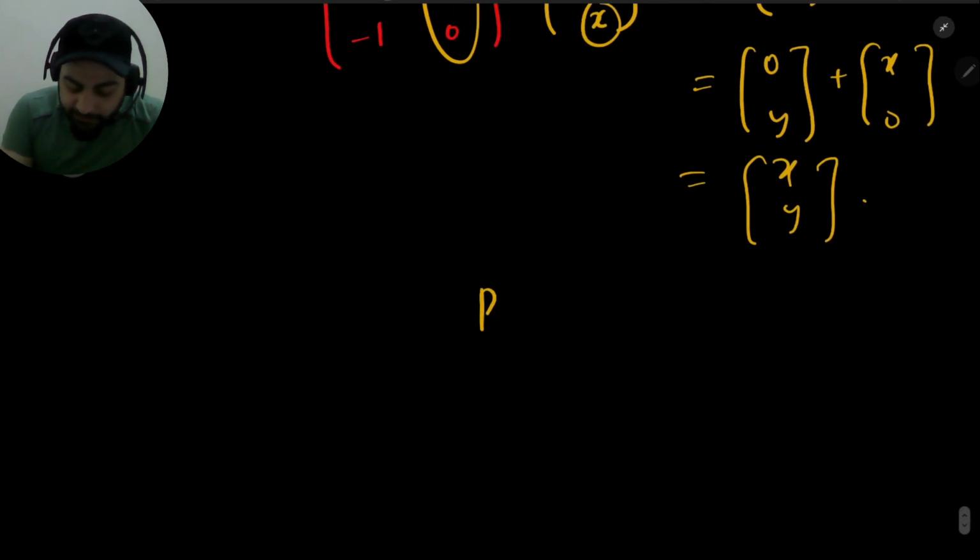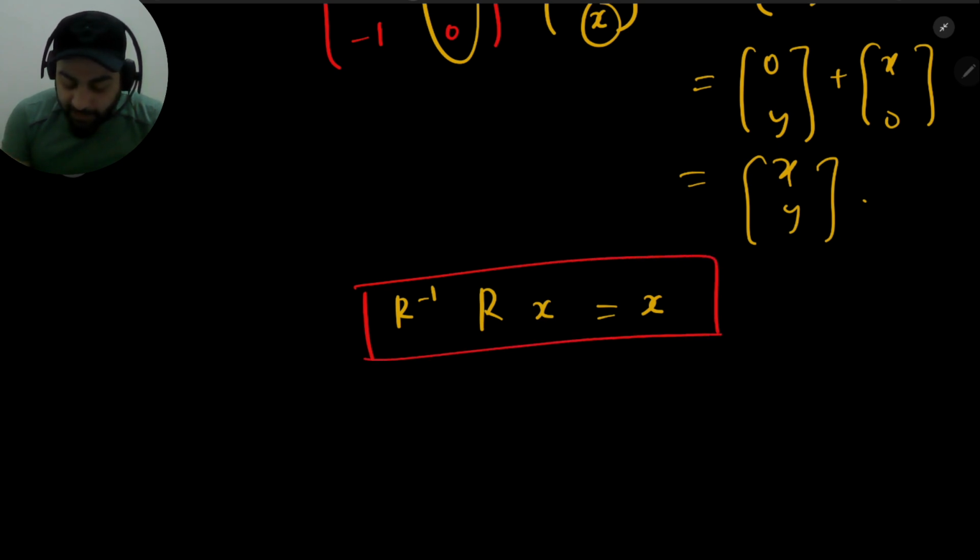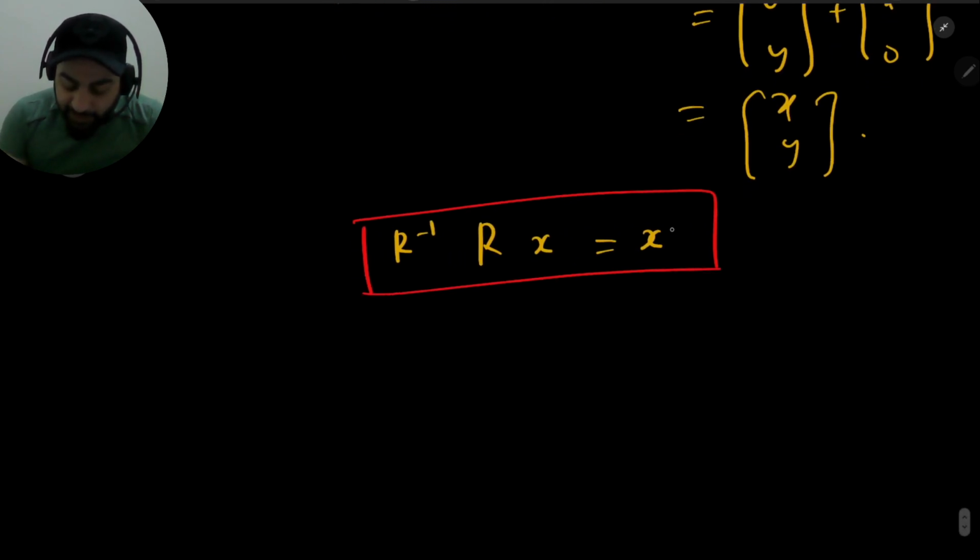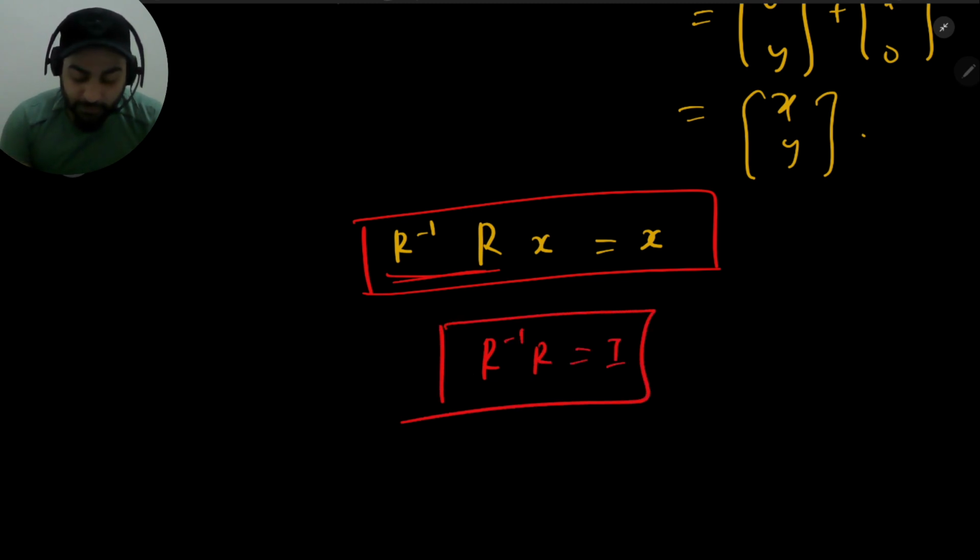So I had R, I applied R inverse, and whatever the x here was, I got this x back. So from this, I can write R inverse of R is equal to identity. I had vector x, I applied R first, then R inverse.